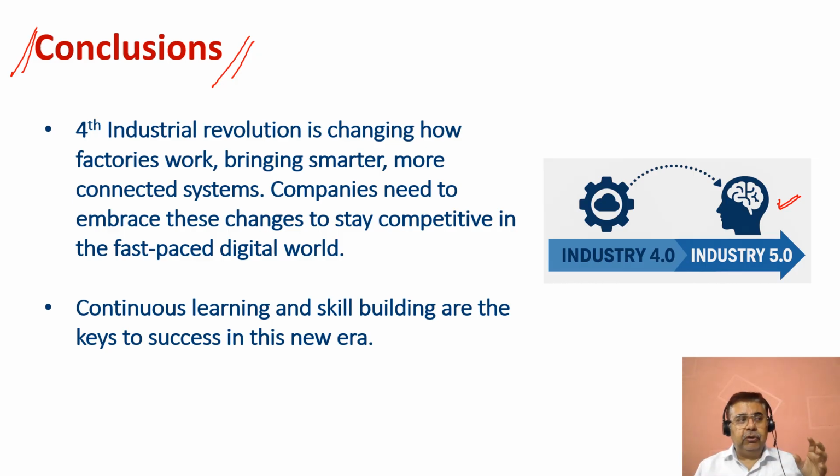That means technology is moving at a much faster pace, especially with the more boost to AI technologies. Industry 5.0 is everything whatever we saw in Industry 4.0 carried forward along with the human touch.